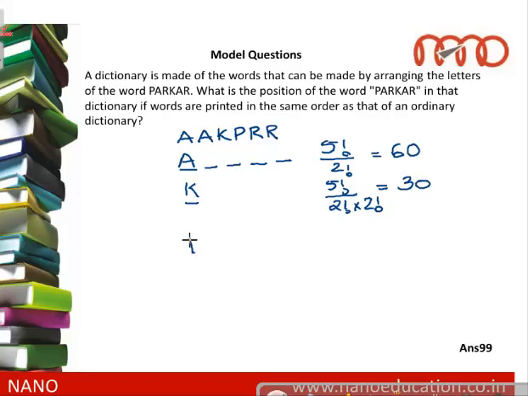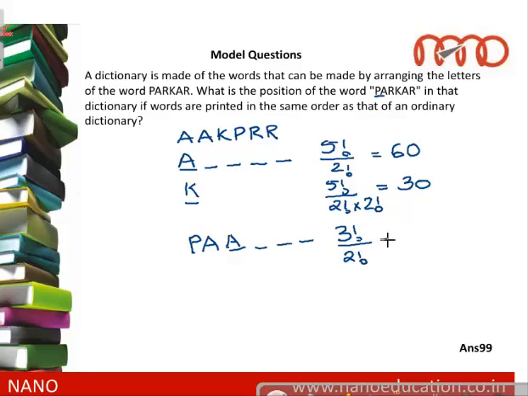Then comes words starting with P, and we also want a word starting with P. Immediately for the second place, the preferred letter would be A. We also want it to be A. Then the word starts with another A, third letter A. With this, how many 6-letter words will be there? Permute the remaining letters R, K, R in 3 places in 3 factorial by 2 factorial ways.